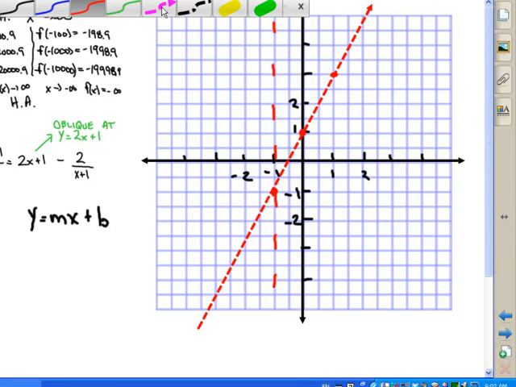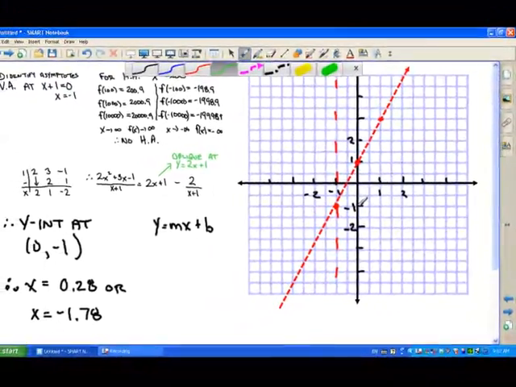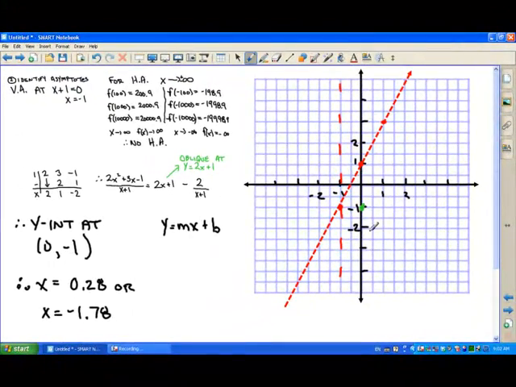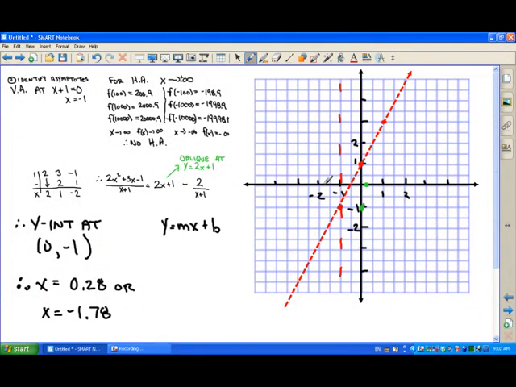And now I just need to indicate my key points. So I know I have a y-intercept at 0 and negative 1. I have x-intercepts at about 0.28 and at negative 1.78, about there. And remember how things behave around asymptotes.